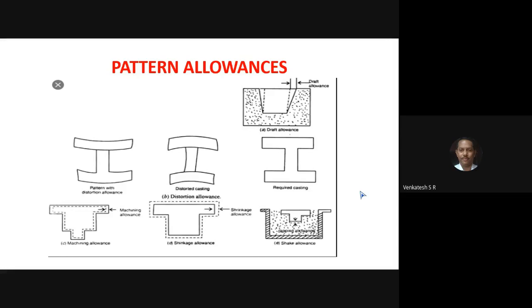Write down one by one. Subdivision A, draft allowance. Subdivision B, distortion allowance. Subdivision C, machining allowance. Subdivision D, shrinkage allowance. Subdivision E, shake allowance.